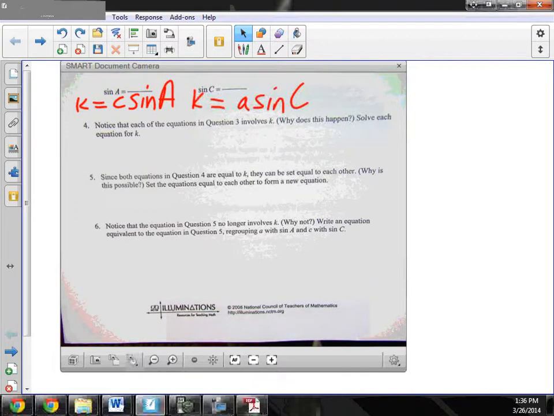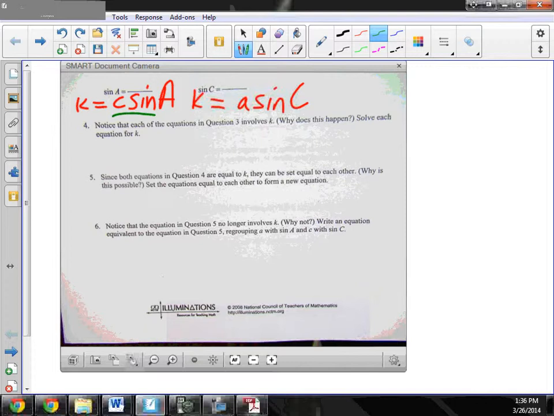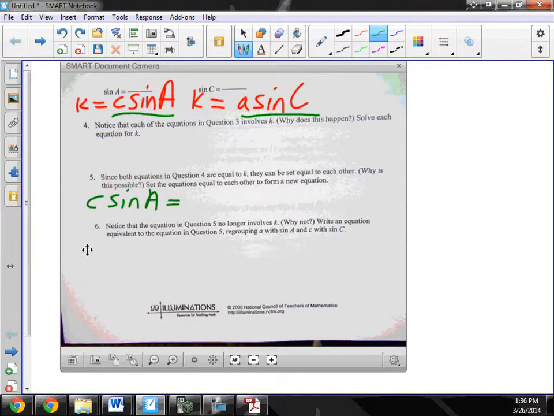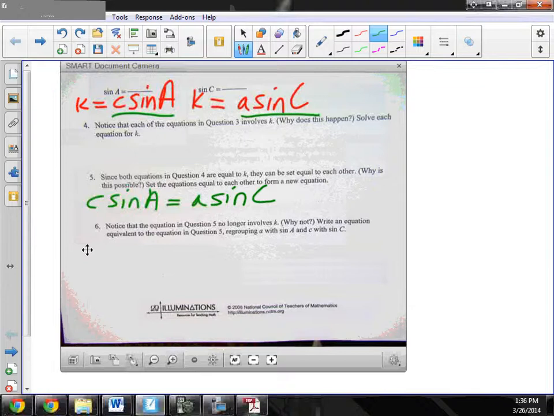So if K equals this stuff and K equals this stuff, then C sine of A is equal to A sine of C. Notice that the equations in question 5 no longer involve K. So we've eliminated the need for the altitude.